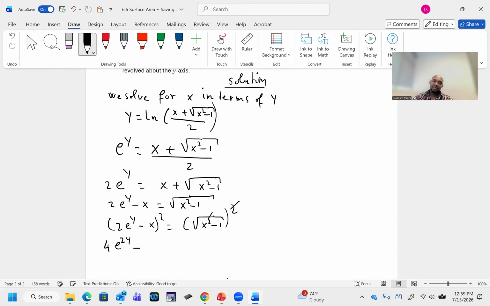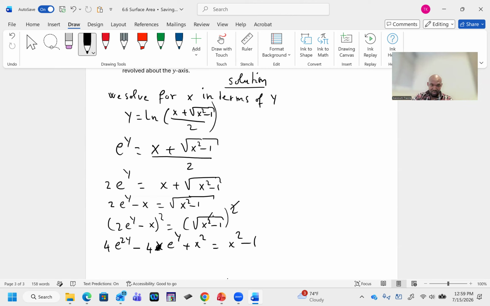Minus 4x, sorry, 4x e to the power of y plus x squared is equal to x squared minus 1. The goal is to get x by itself.